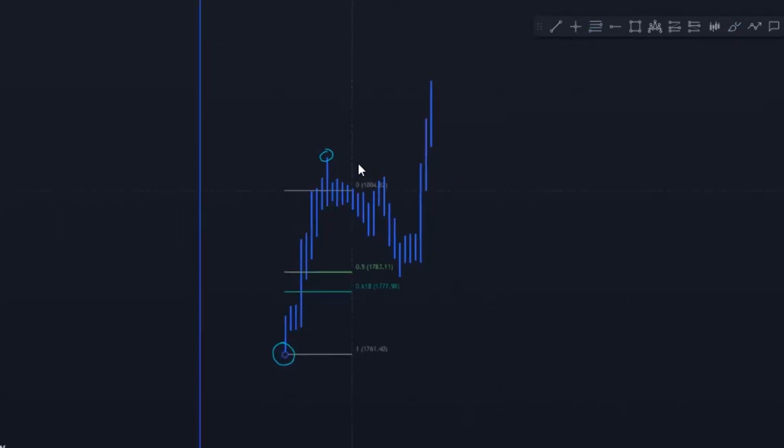So I'm just going to extend it up until the end of the impulse, and then I'm just going to extend it all the way to the side like this, so that these levels can be clearly seen. So from what we are seeing here, this is our impulsive leg, and then this is our correction, and then we want to capitalize on this impulsive leg to the upside.